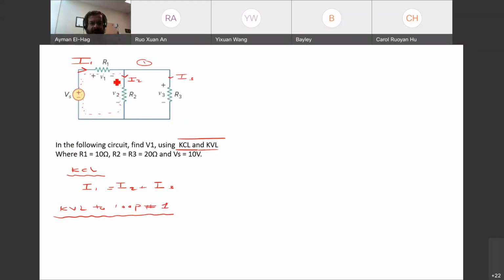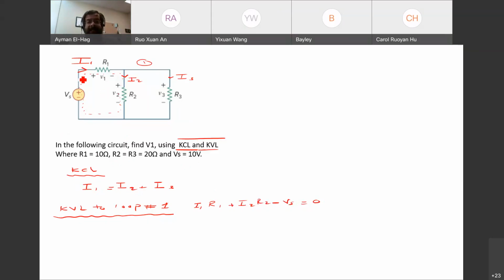So the first voltage here will be I1 R1, plus I2 R2, minus Vs, equal to 0. Now R1, R2 and Vs are all given. So the only unknowns are I1 and I2. And here we have I1, I2, and I3. So we need one more equation.